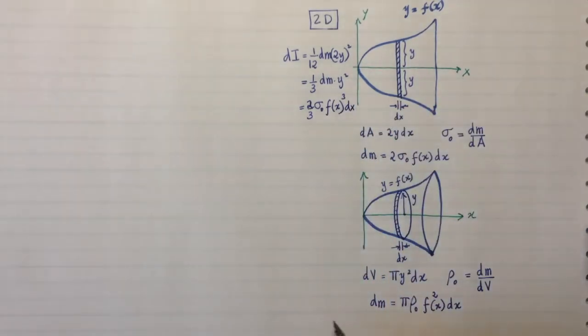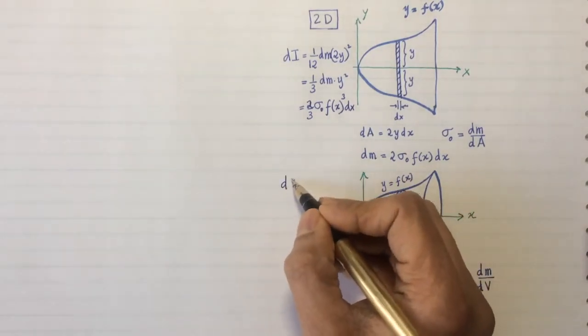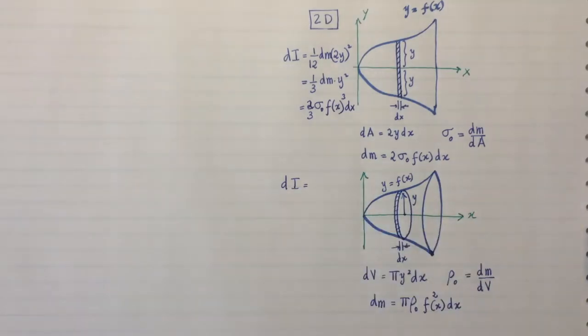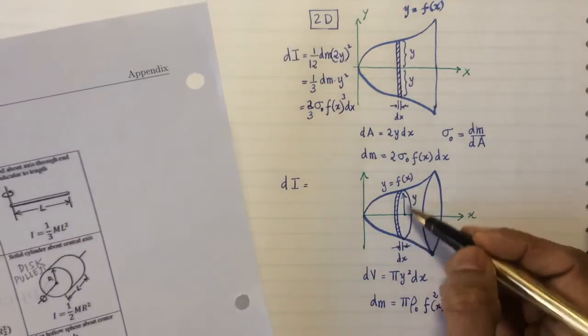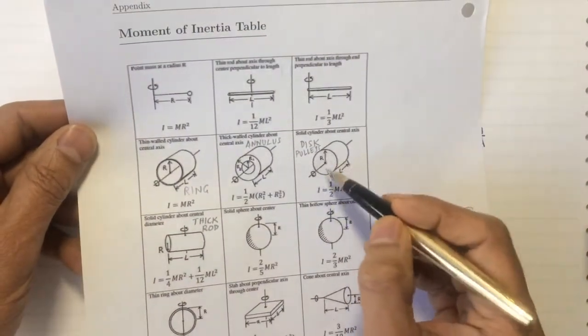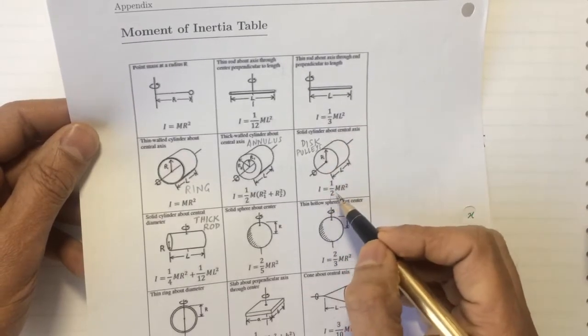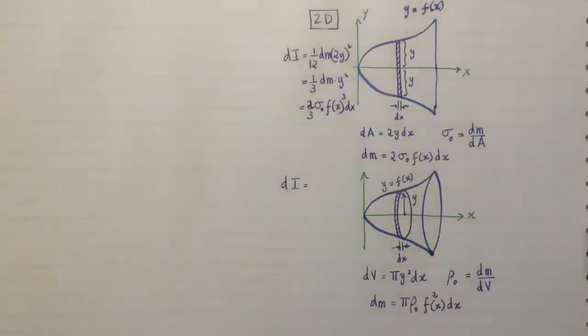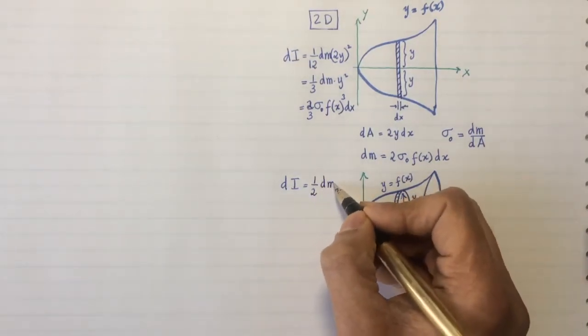And here I'm going to get a similar expression, but let's find out what the 3D moment of inertia dI for this element would look like. Well, that element most closely resembles a disk. Imagine that's very thin. So it's going to be 1/2 dm times the radius squared, the radius being y.